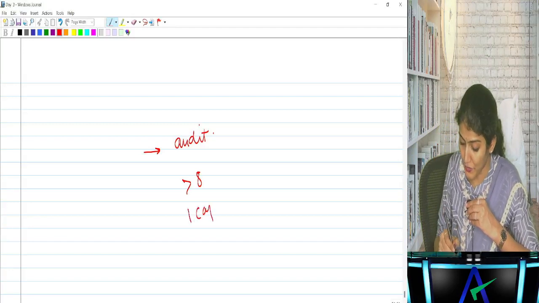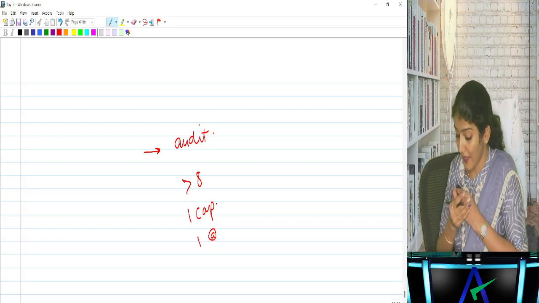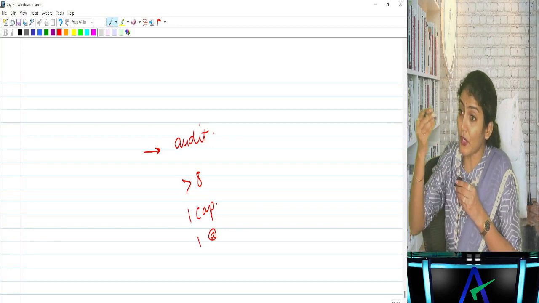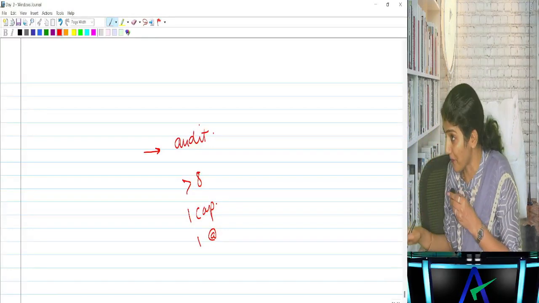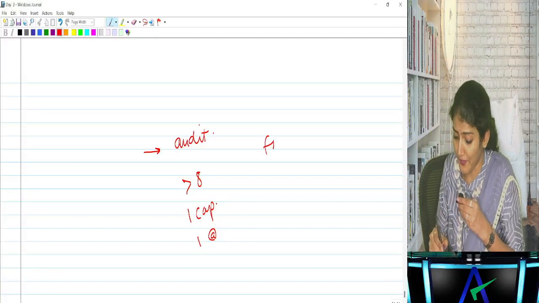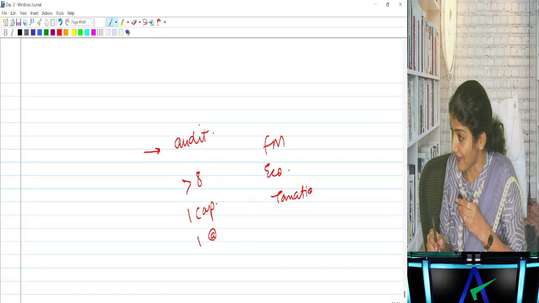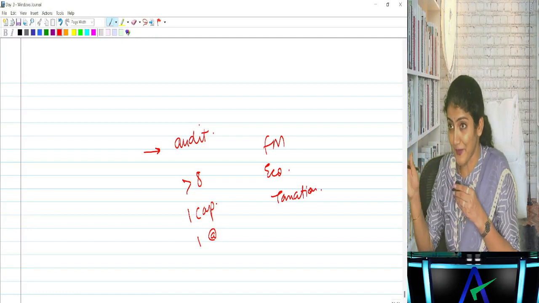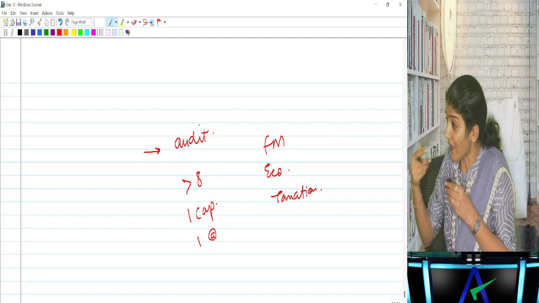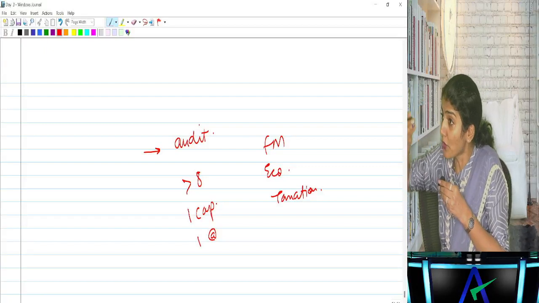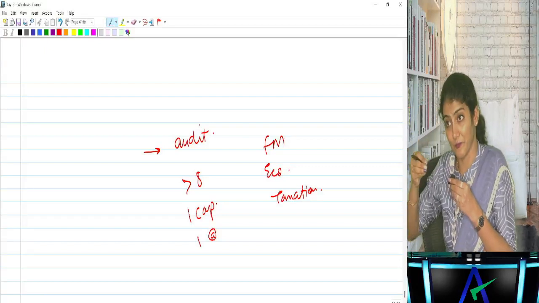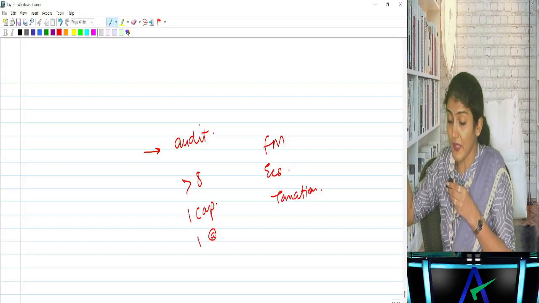At least one should be a capital letter. At least one should be the alphanumeric character. And the password should not be the last 3 passwords of yours. So if I finished using audit FM eco as the password, now I'll have to take taxation as the password. Is it right? Because last 3 passwords I cannot use. So now what is this? This is an automated application control.